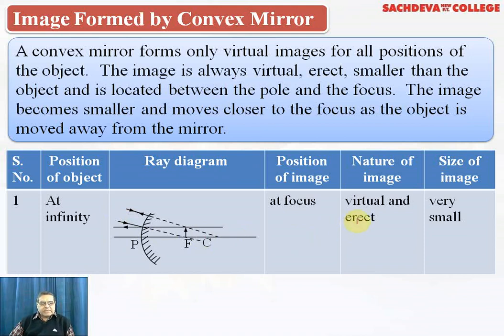In the first case, the dotted lines indicate the reflected rays extended backward. The position of the image will be at the focus, and the nature of the image will be virtual and erect. The size of the image will be very small if the object is kept at infinity.